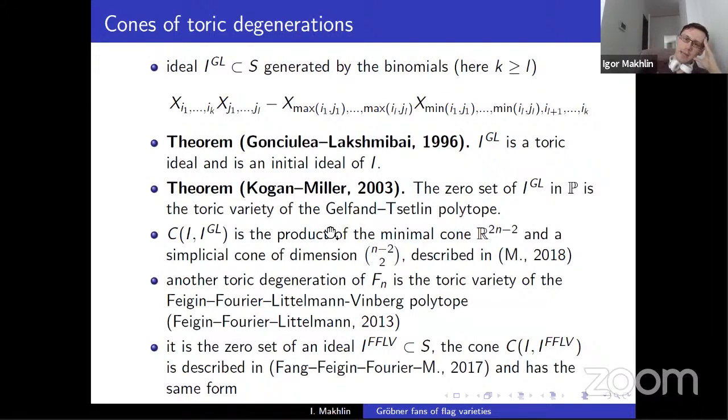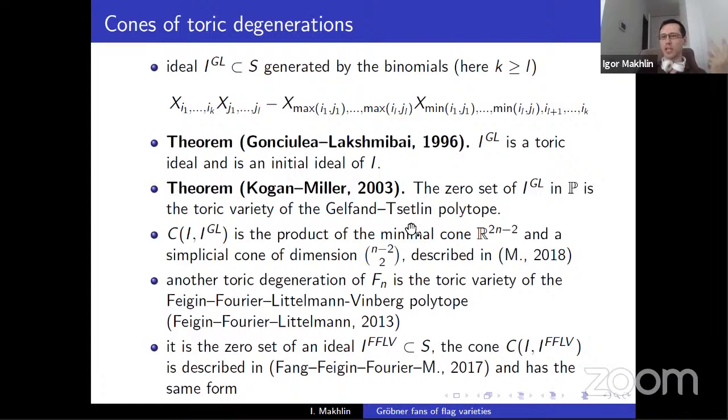Okay, and since we know that this toric ideal is an initial ideal of I, we can ask ourselves what the corresponding cone in the Gröbner fan is. Which weights will give this particular degeneration? The answer is, it is not a maximal cone, but it is some cone.